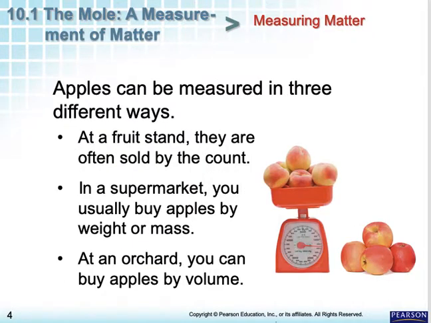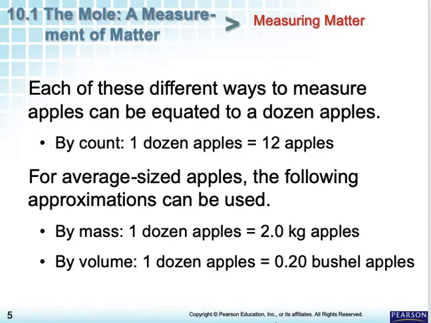If we talk about apples, when I use Instacart, I order by the apple, but if I were to go myself, I would probably do it by pounds. But you could do it by mass, by weight, or even by volume. So for each of the following different ways, if I do it by count, I have a dozen apples. That means I'm wanting 12 apples.